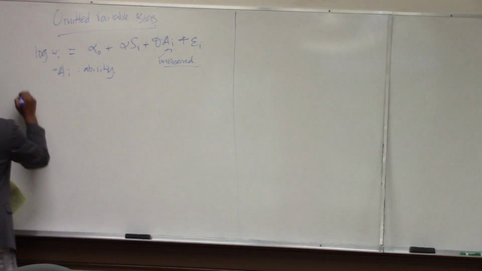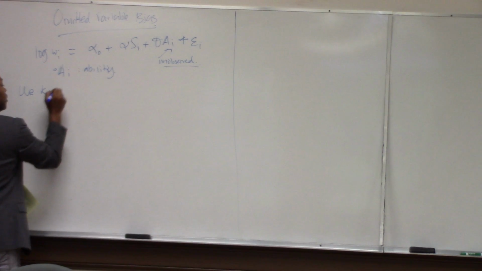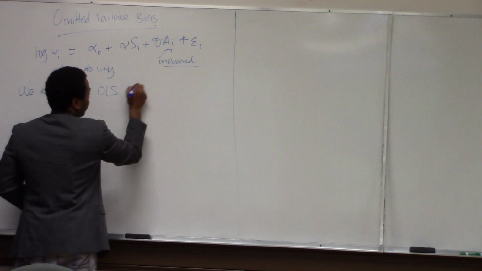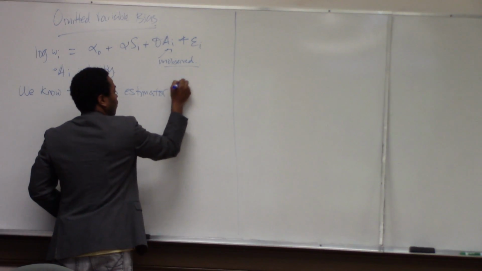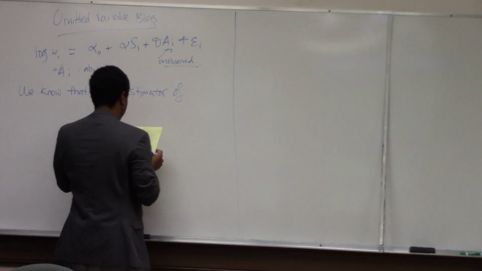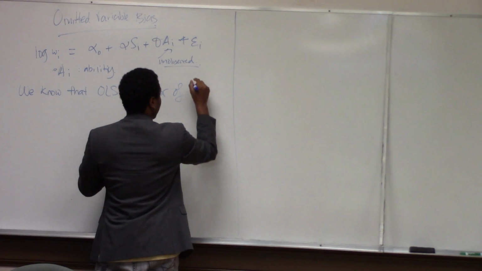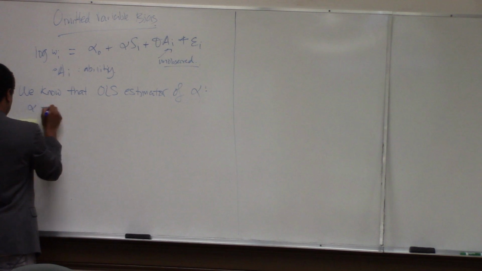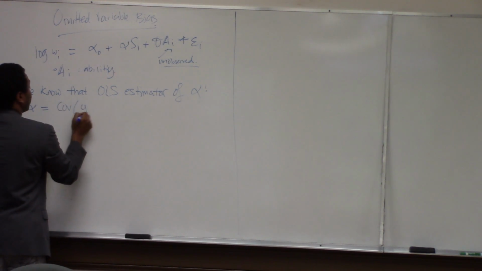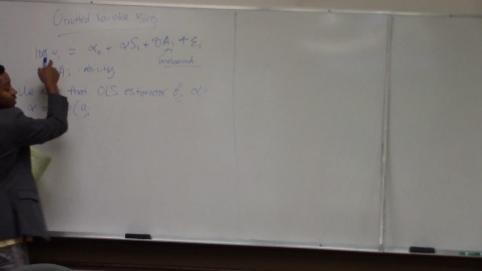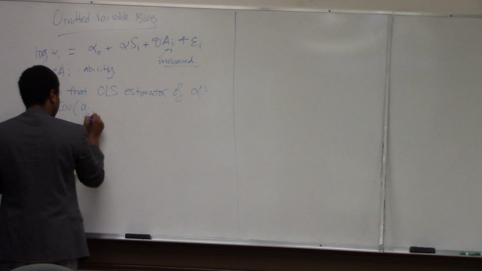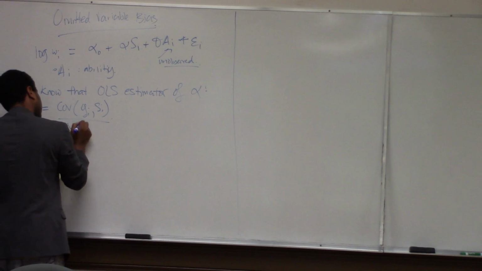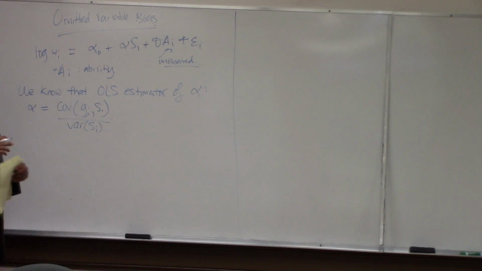Now, what we know is that our OLS estimator of alpha is going to be the covariance of y_i, where y_i is the log wages, and s_i over the variance of s_i.